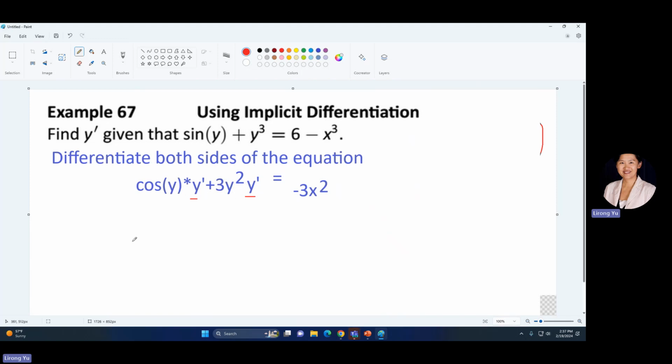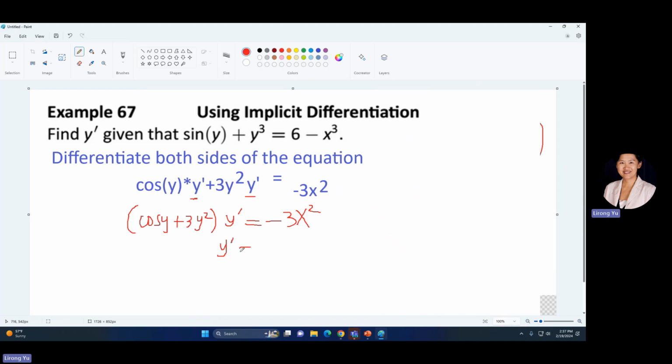These two terms have y prime, so we have cosine of y plus 3y squared. Because there is a y prime, I consider y prime a common factor, so I factor it outside. And this is equal to negative 3x squared. Then I need to find a formula for y prime because I want to know the derivative.